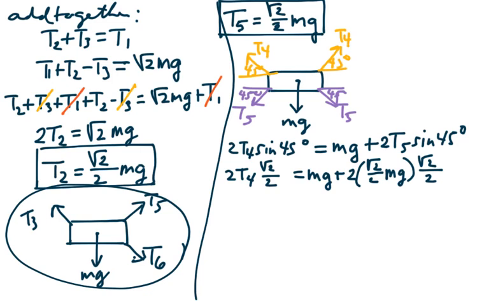Alright, looking at this, 2 and this 2 cancel out. This 2 and this 2 cancel out. Square root of 2 times square root of 2 is 2. Divided by 2 cancels out. And so what we're left with is square root of 2 T4 is equal to mg plus mg, or 2 mg.